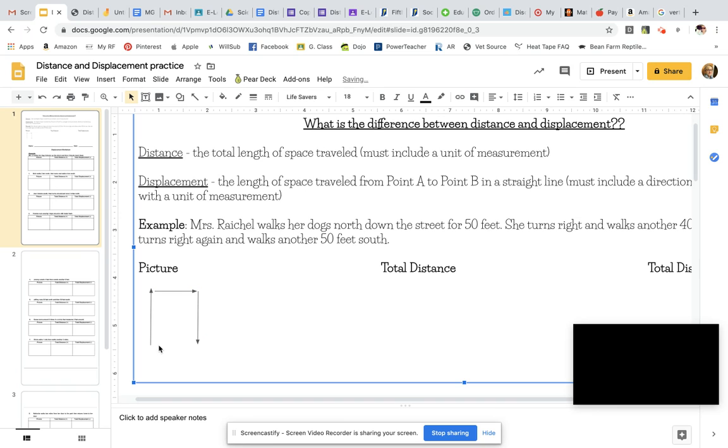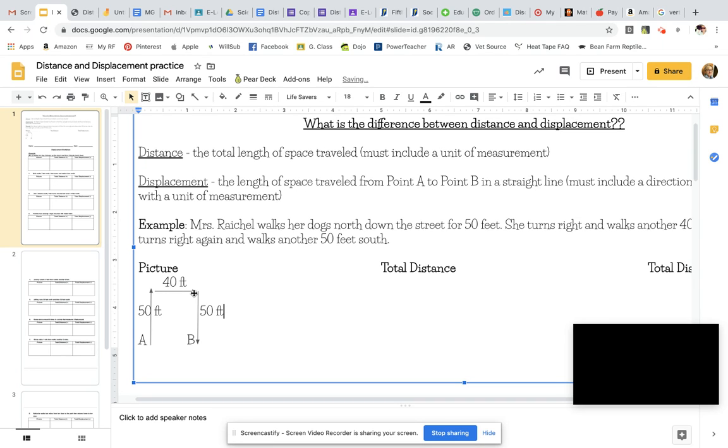So now I could write in here that this is where I started, that's point A, and this is where I ended, that's point B. This line right here was 50 feet. This line right here was 40 feet.